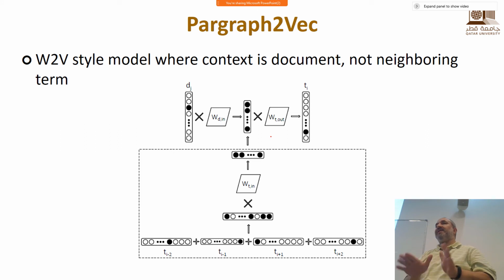Okay, is that clear? That will be two examples. So the idea here is that we want to get a representation for the document that captures the representations of the terms. Okay?